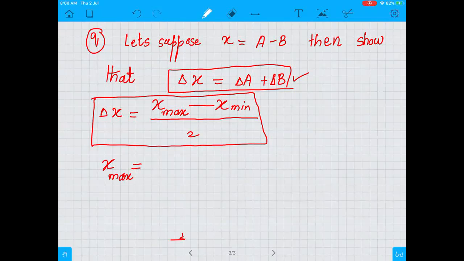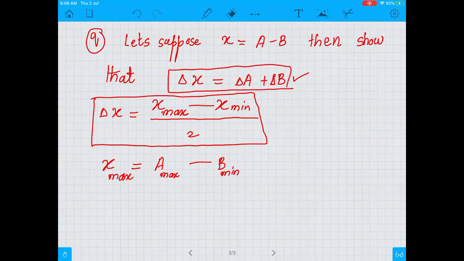X would be maximum when a is at its maximum value and b is at minimum value. Hence x would be maximum when a is maximum and b is minimum.